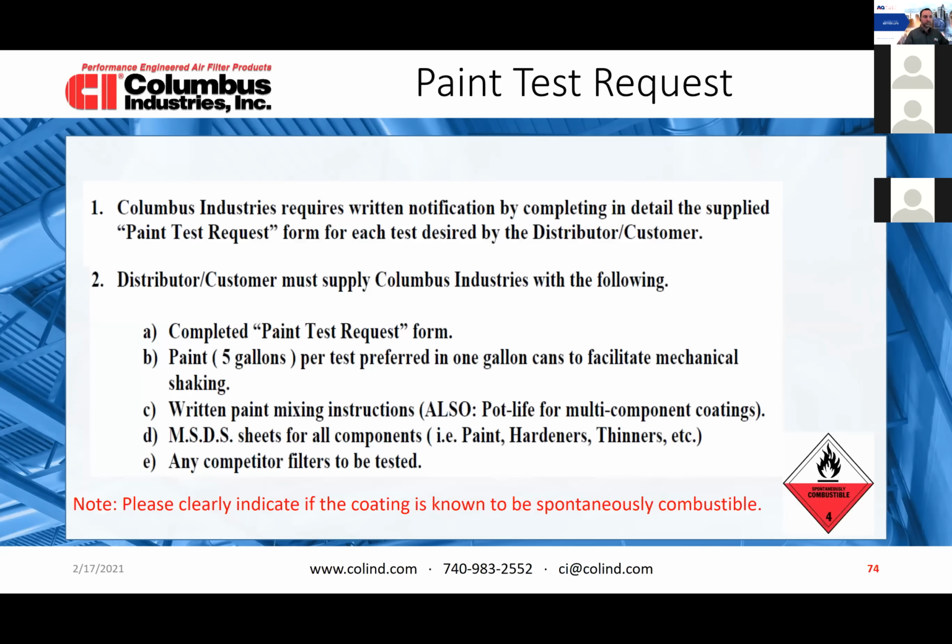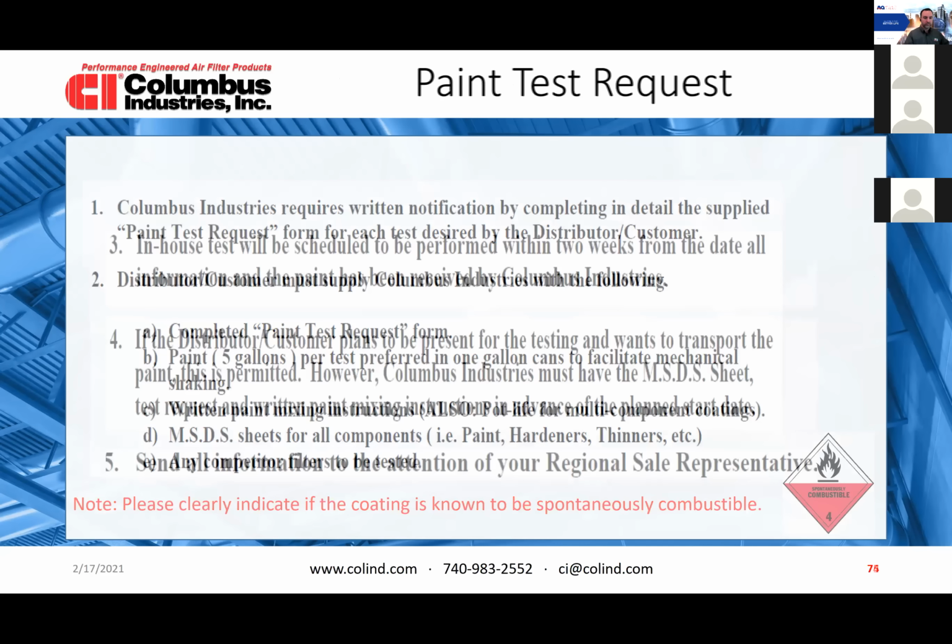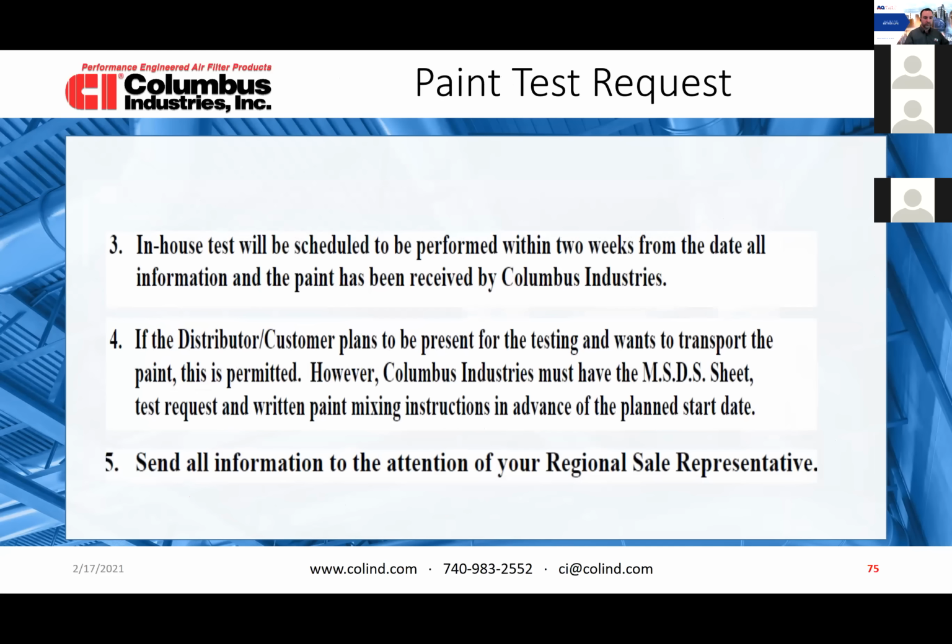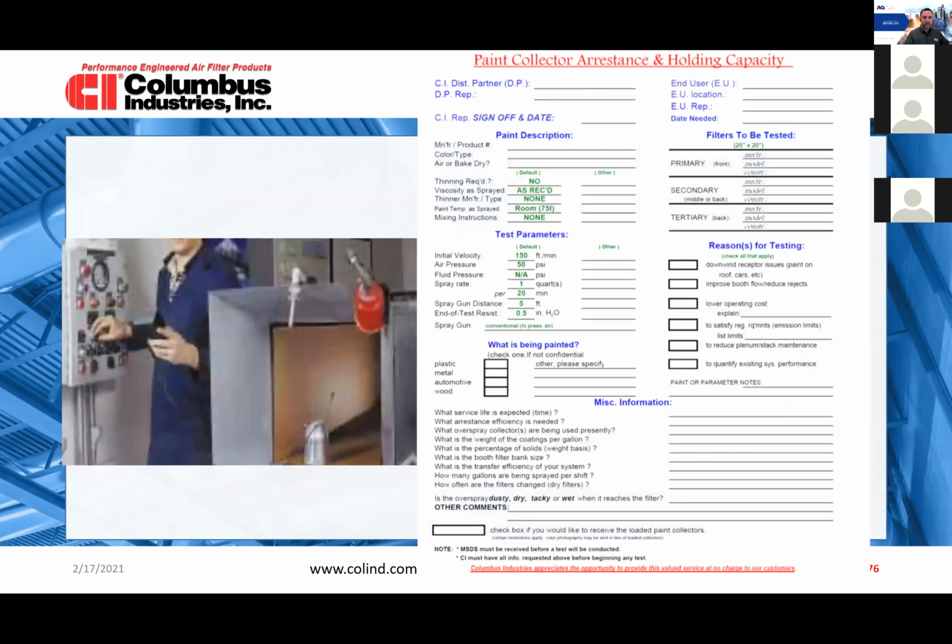There's a form that needs to be filled out. There's a procedure on how to go about sending us a paint test, and I can send you that by email. There are the different steps, and this is what the form looks like. As much information as we can. That's our lab.